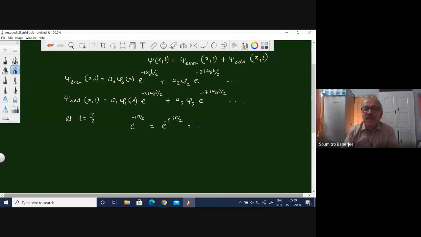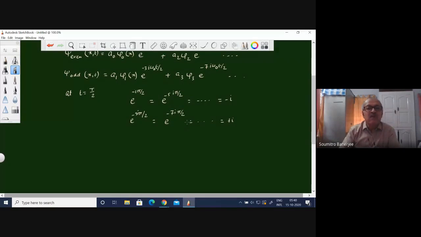All these are equal to minus i. And similarly, e to the power minus 3 i pi by 2 is equal to e to the power minus 7 i pi by 2. All these give you plus i. So using these, you will be able to figure out what happens to the even function and the odd function.